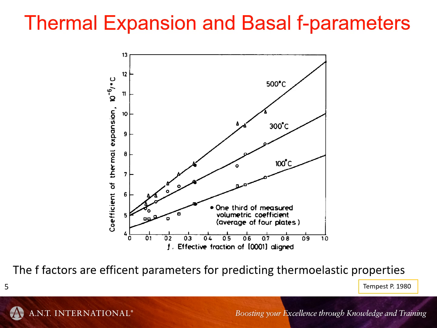The Kearns F parameters are used in other ways. Again, it's all about tensors, and it's all about a simple resolution of one component of the tensor, and in this case it's the c-axis.